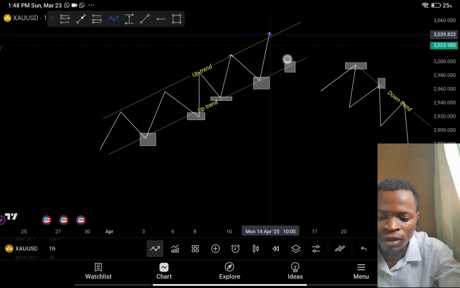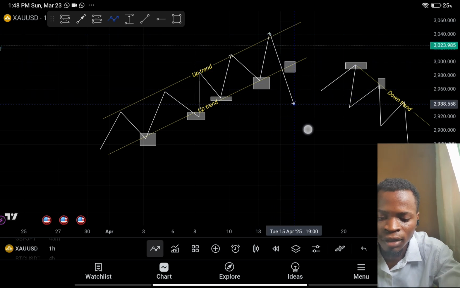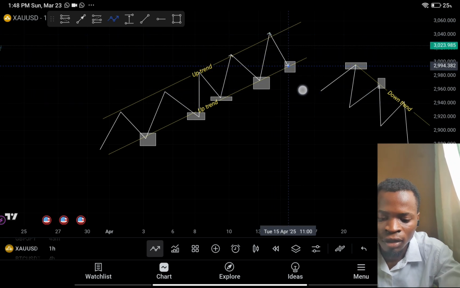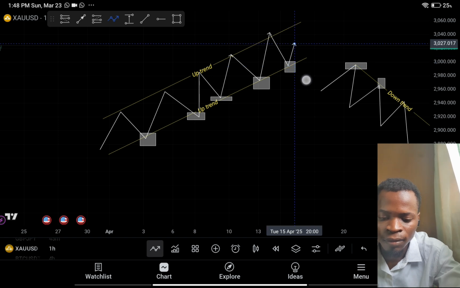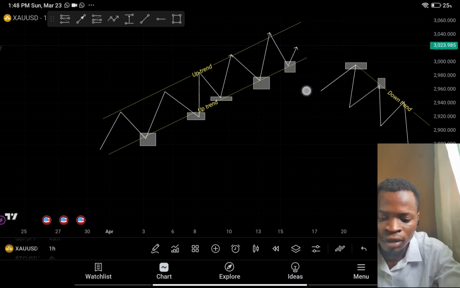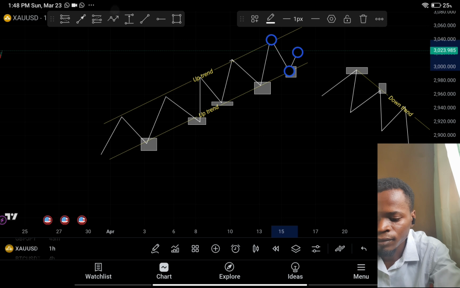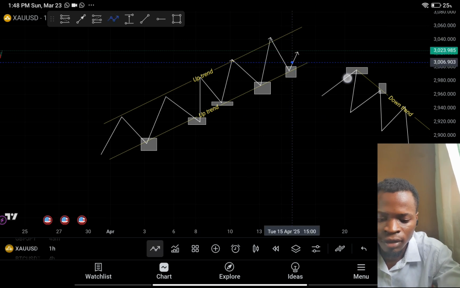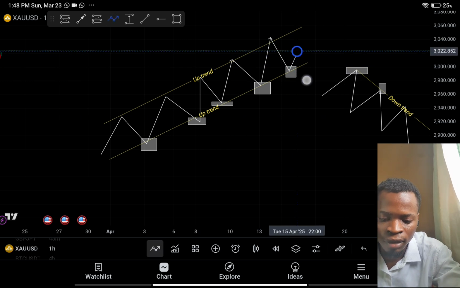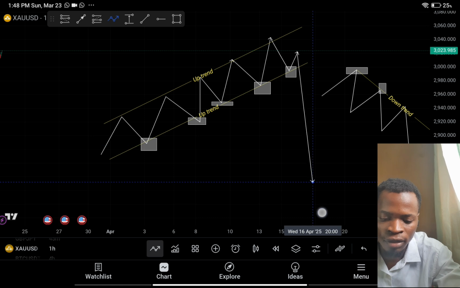You see, this trend line can break. Price can come here, react, then break. You see, trend line can break and come down like this.